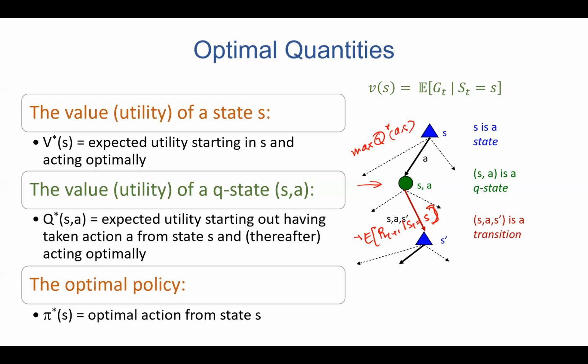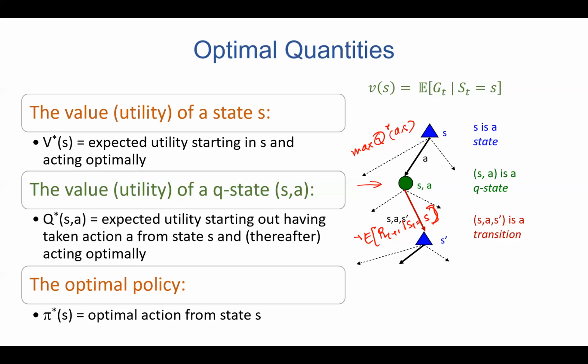But there are two important elements in this scenario. One is the actual value of the game, and then there is a Q state. That basically is the expected utility starting out having taken an action A from state s and thereafter. All right. So we will be calculating the Q state and the V of S. The Q of S and A, Q star.